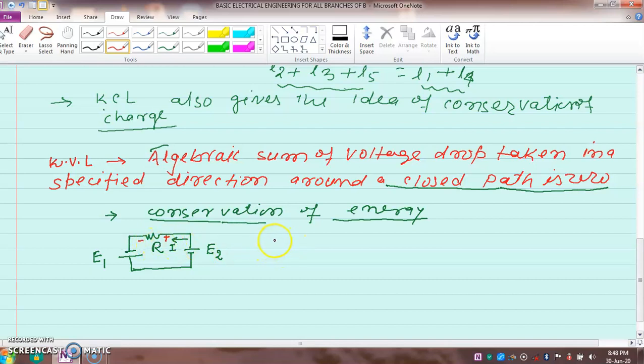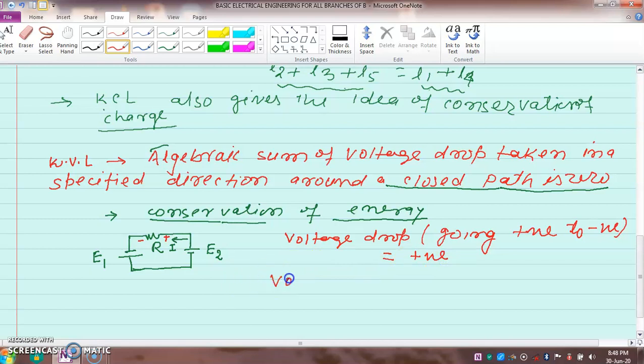So sign convention is very important here. Voltage drop means going from positive to negative. This is called voltage drop, and I will take it as positive.